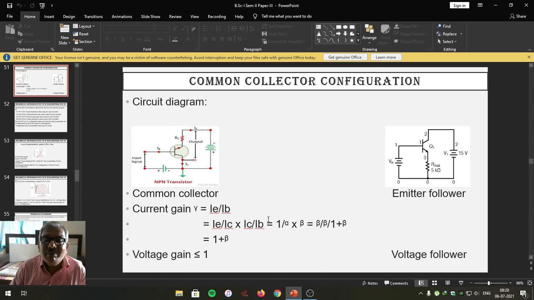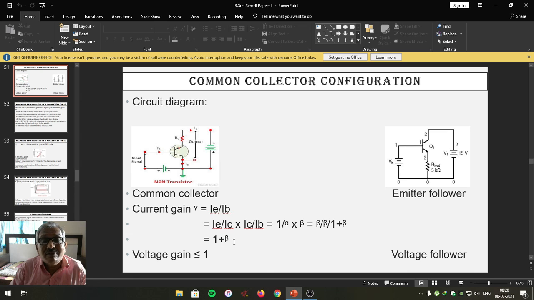And IC upon IB is beta. So this equation is converted into 1 upon alpha into beta. But alpha is beta upon 1 plus beta, therefore we can write it as 1 plus beta upon beta into beta. Naturally, beta will cancel and 1 plus beta goes upward. Hence, current gain of common collector configuration is written as 1 plus beta.